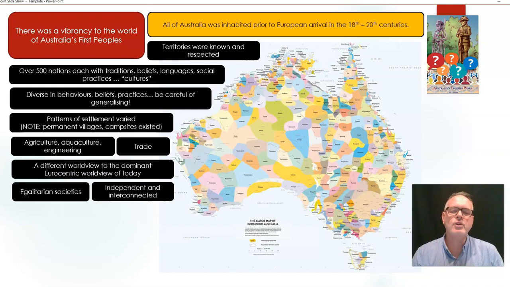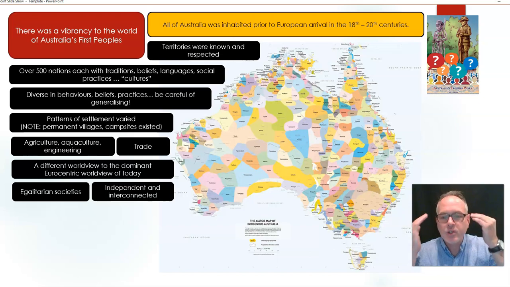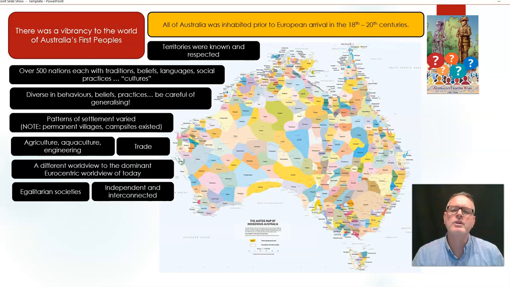When I say words like engineering now, my European mind immediately thinks of the production of steel and high-tech machinery. I might think of the Industrial Revolution and the building of great steel bridges and so forth. That's a very Eurocentric way of seeing the world that wasn't suited to the Australian environment.